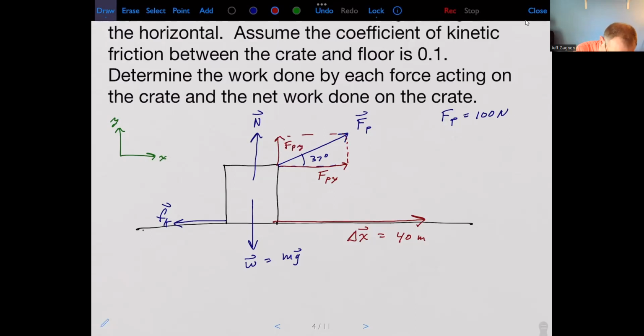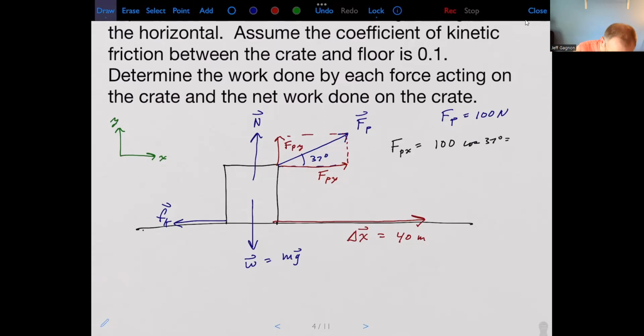All right, so how do I do that? Well, I know that the x component, since I have just the reference angle here, is going to be the magnitude of FP times cosine of 37 degrees. We've done this a bunch of times. So FPX is the magnitude of FP, which is 100, times cosine of 37 degrees.